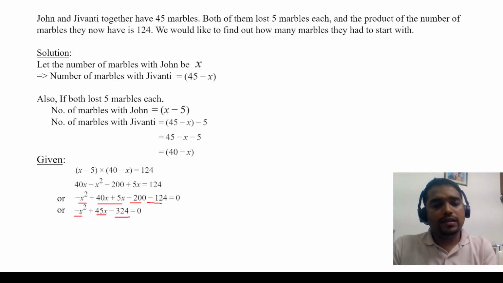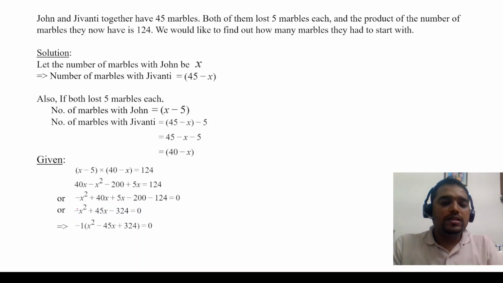Because the x square term has a minus sign, I don't want to handle a minus on the first term, so I will take minus 1 common. From these 3 terms, if you take minus 1 common, x square is left, plus 45x becomes minus 45x, and minus 324 becomes plus 324.